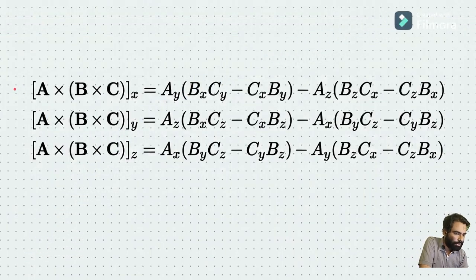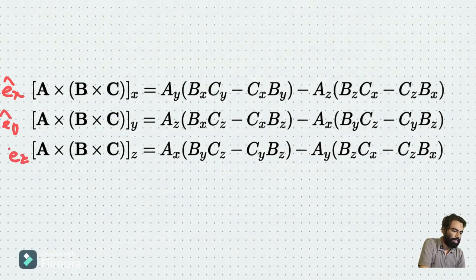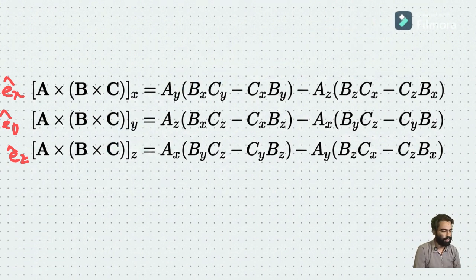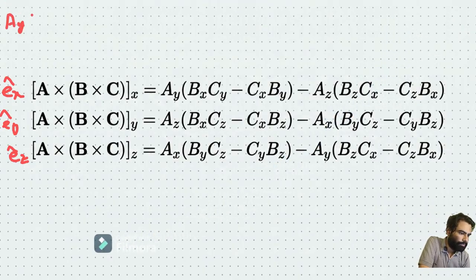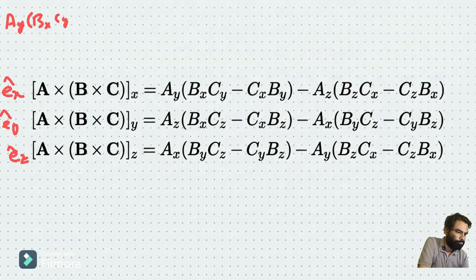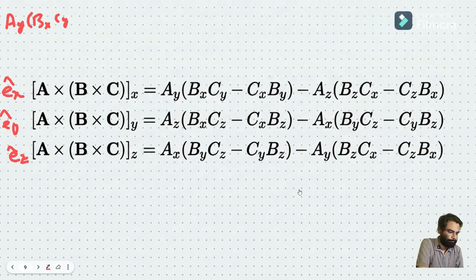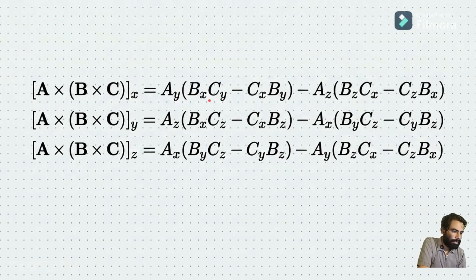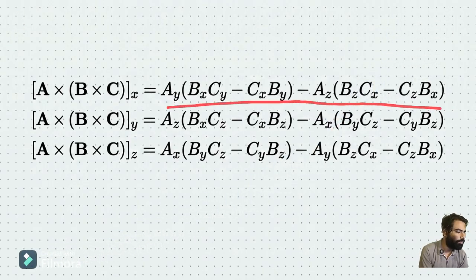Now this is the thing you are seeing here on the board: the ex component, the ey component and the ez component. Now let's rewrite it and simplify it. How can we write it? You can write it in these terms entirely only for the EX component.